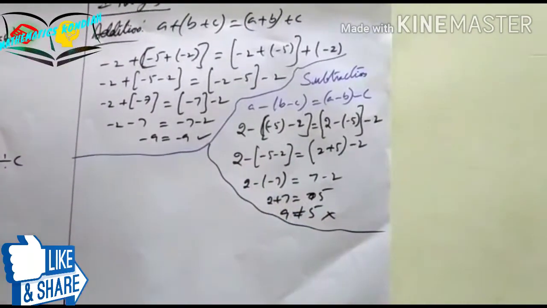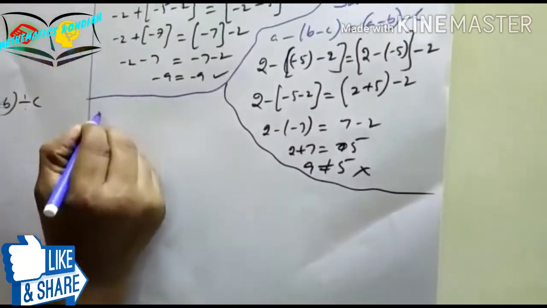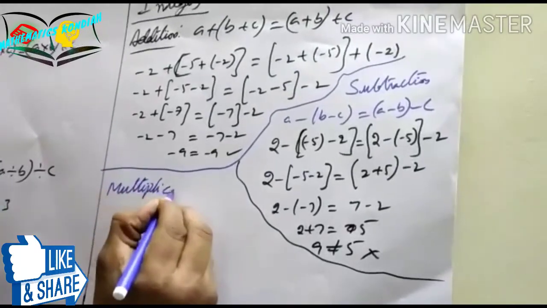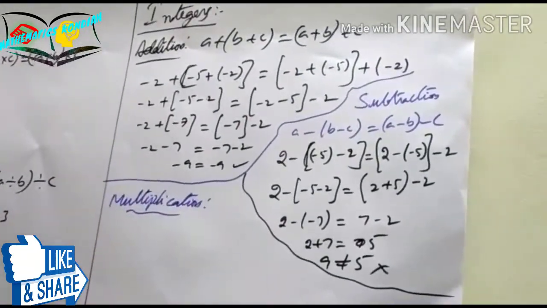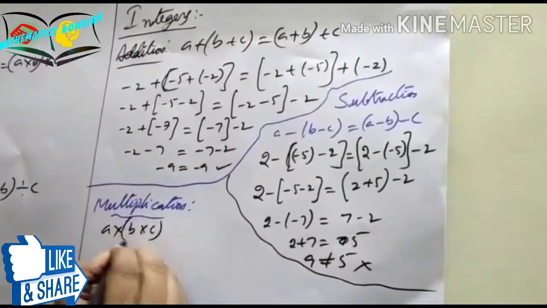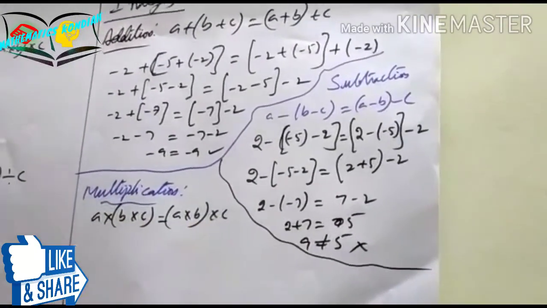Go to multiplication. What is the multiplication? Therefore, (a × b) × c is equal to a × (b × c).